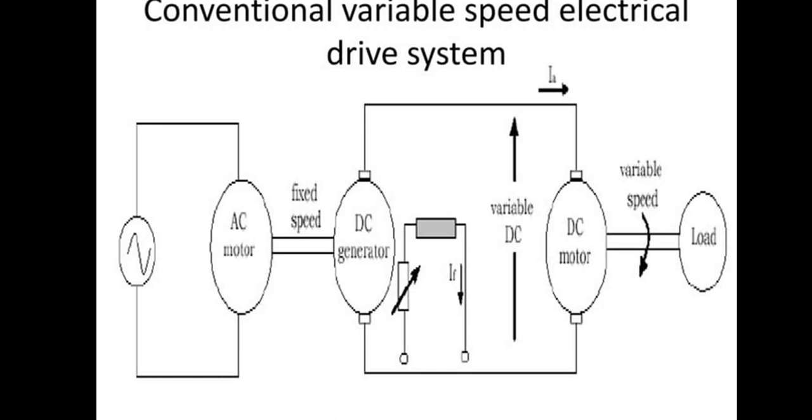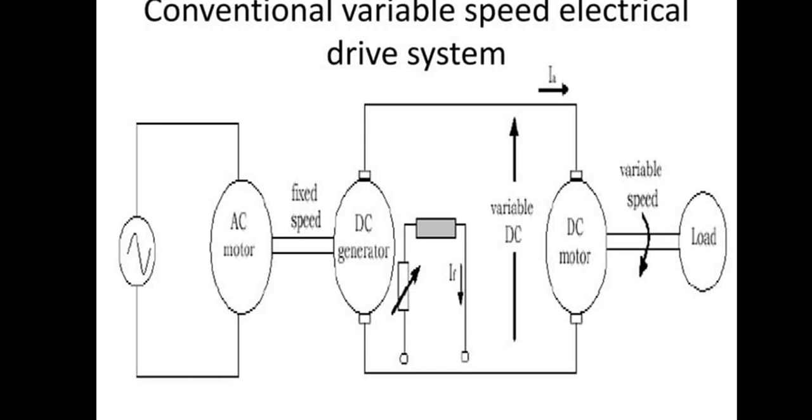Next we are going to discuss the conventional variable speed drive system. Generally, conventional variable speed systems are used in many industrial and traction applications, where it is necessary to control the speed of electric motors smoothly over a wide range.